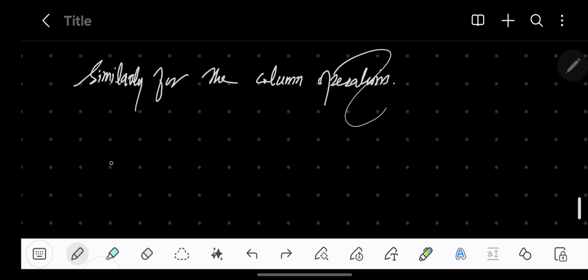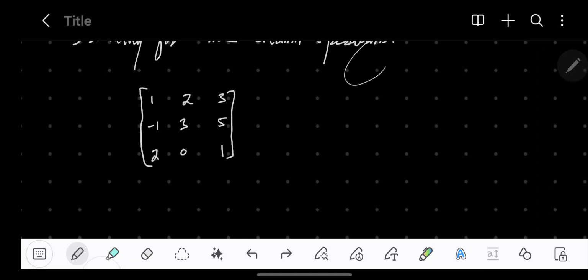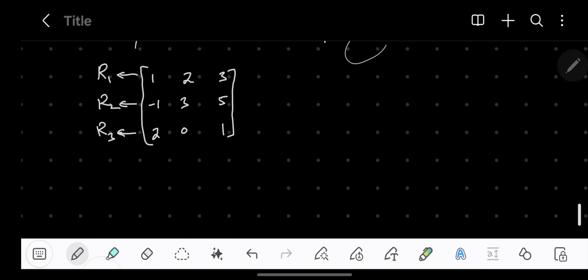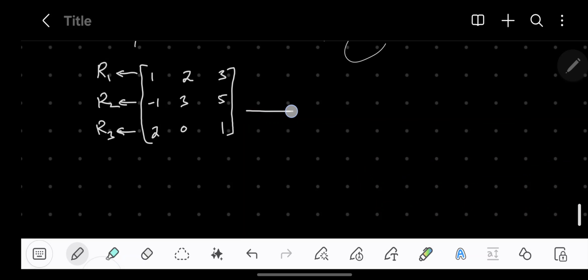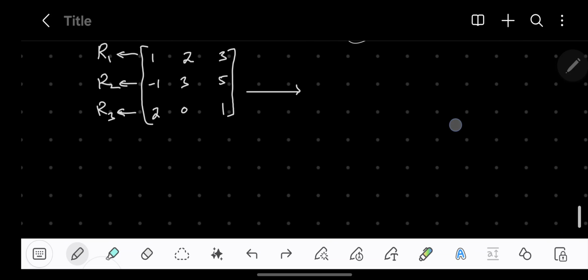Okay, so for example, here you have a matrix. You can check that this is row 1, this is row 2, and this is row 3. The first property says that if I interchange any two rows from this matrix, for example row 1 and 3, then the determinant will be negative.